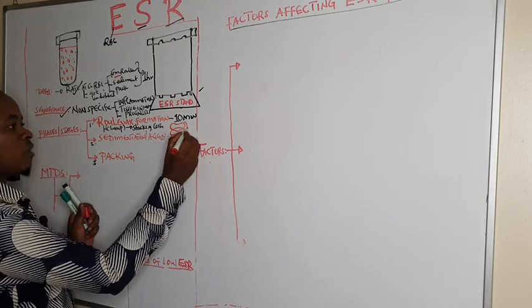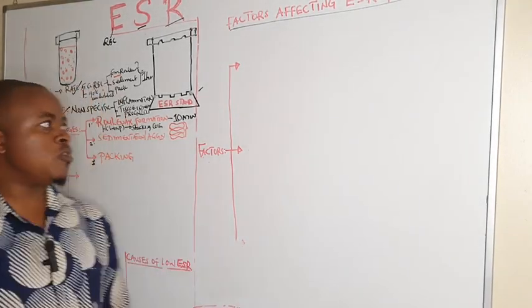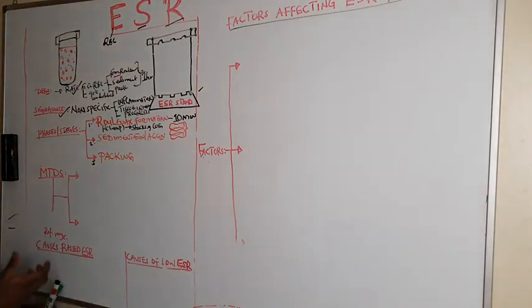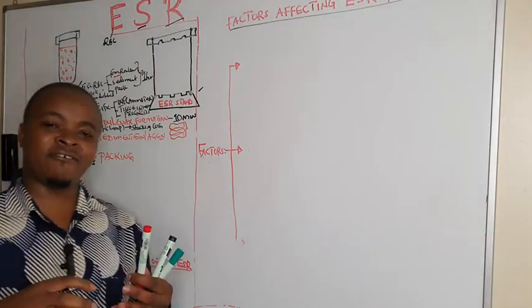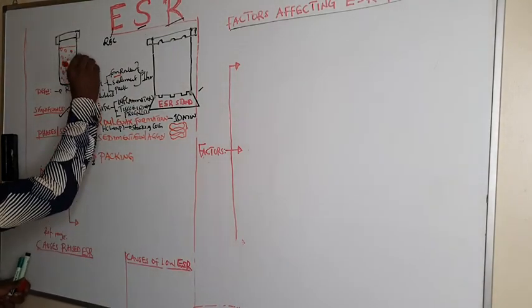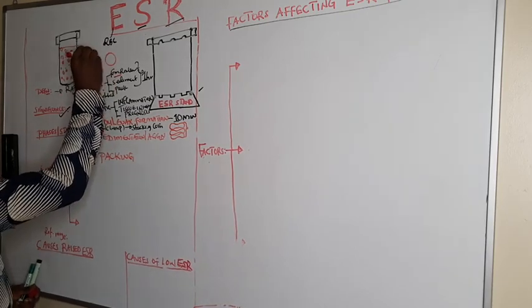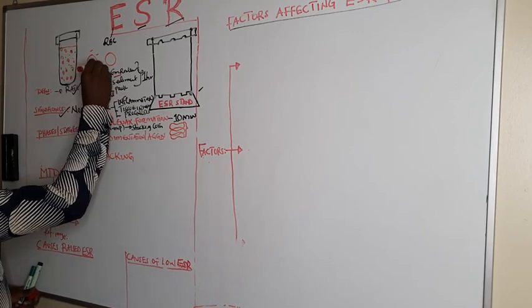And so this is what we are calling Rouleaux formation. But we know that naturally, red blood cells have a negative charge. If I have a red blood cell here, and this is another red blood cell, they have a negative charge outside.